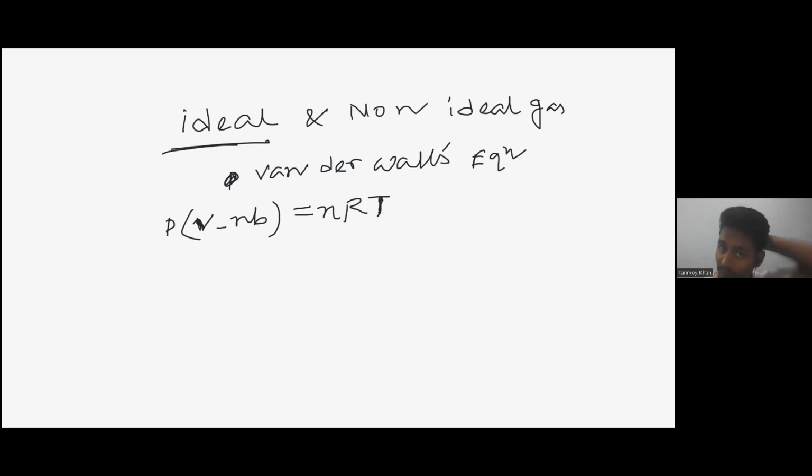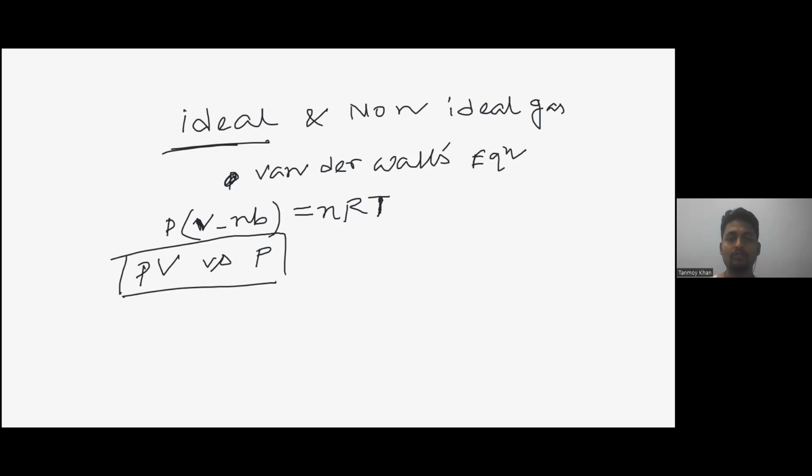So this is one of the equations, and we want to plot PV versus P. Before going to that, we all know that for an ideal gas PV equals nRT.